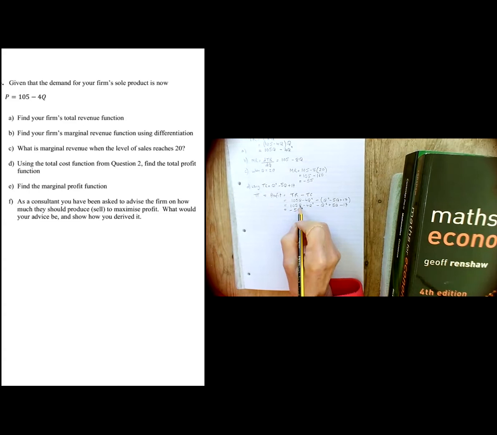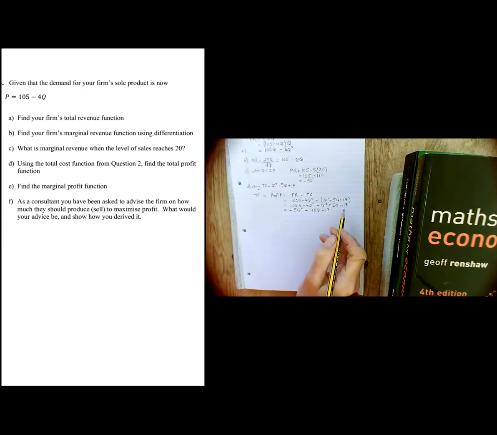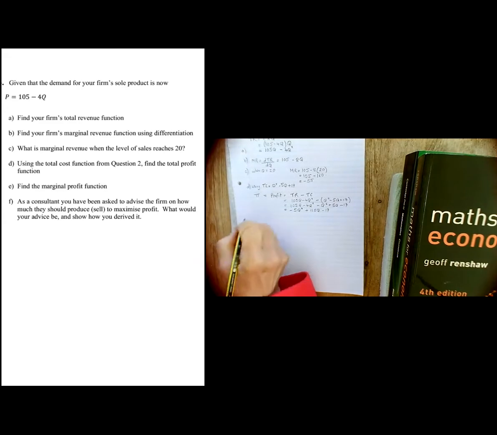We've got 105 lots of q plus 5 lots of q. So overall, we've got 110 lots of q. And then we've got a minus 17. So we only put those terms together that fit together. We can put the q's together, the q squares together, the constants together. Now we need to find E. So that's our total profit function.